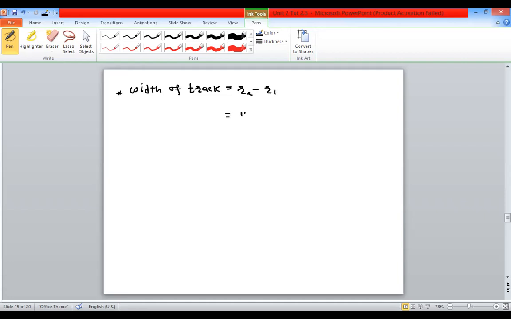R2 is 49 meters and R1 is 35 meters. Subtract them. Right, very good. The width of the track is 14 meters. So this is your answer.